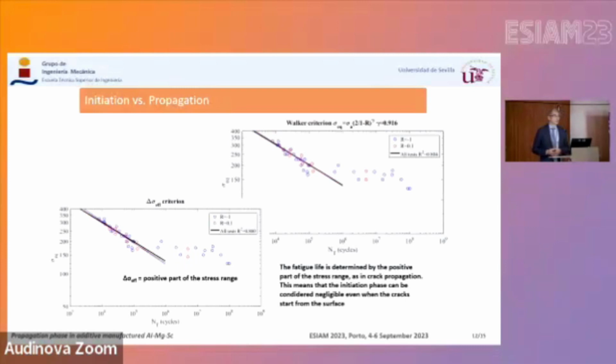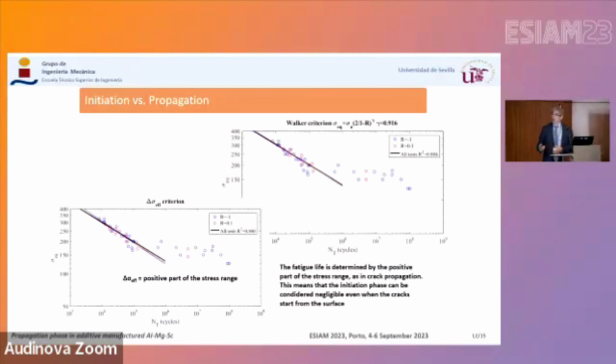And the conclusion that we draw from here is that this reminds us of what we do when we model crack propagation, where in a first step, if we ignore the crack closure, we take the positive part of the stress intensity factor range to correlate the crack growth rate.